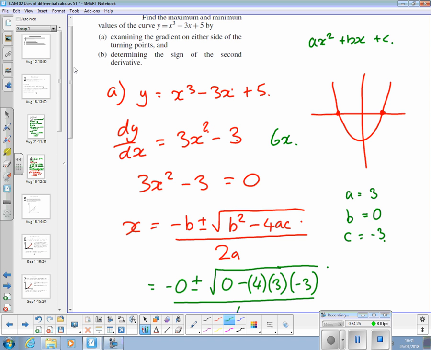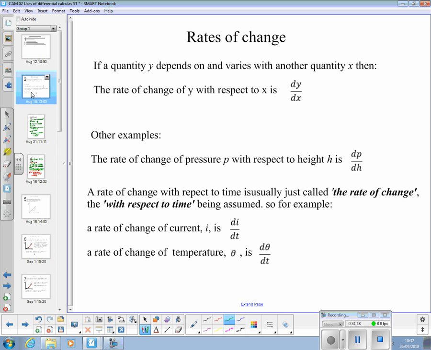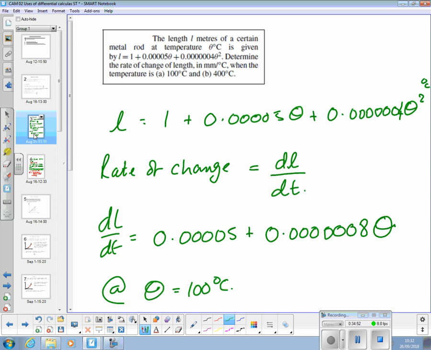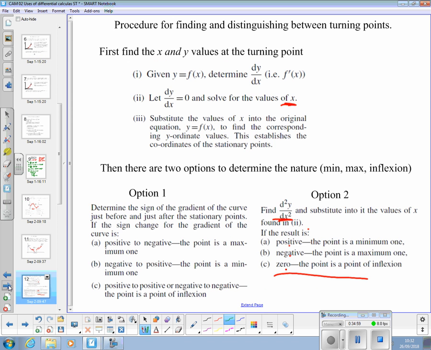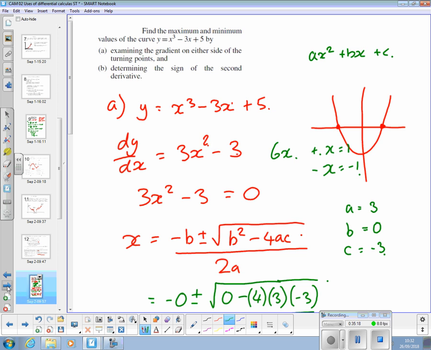When x equals 1, using those rules we talked about earlier for the second differential, positive indicates a minimum, when x is equal to 1. The other, of course, is to sketch.